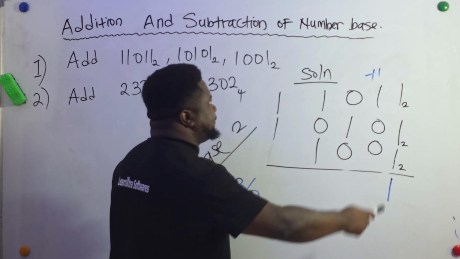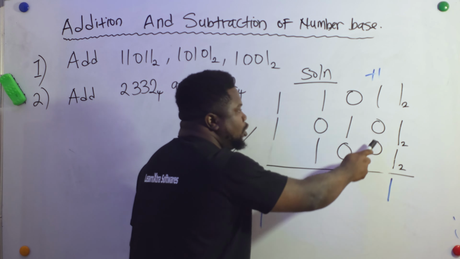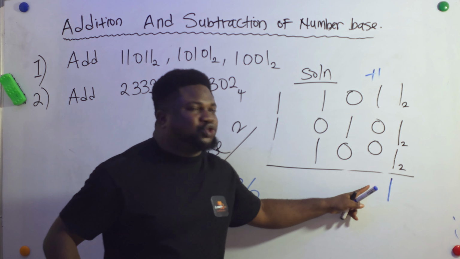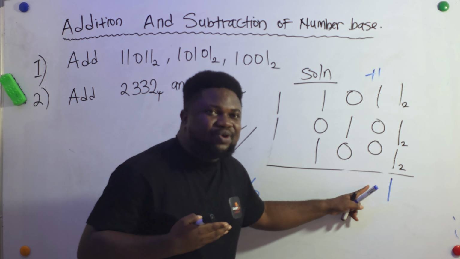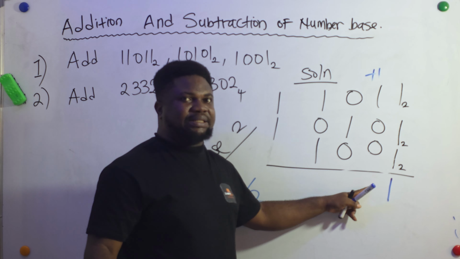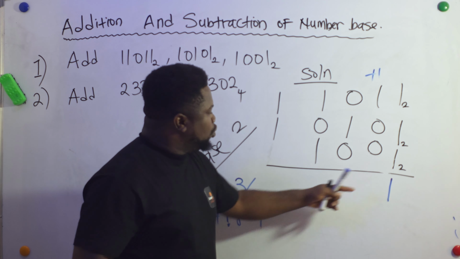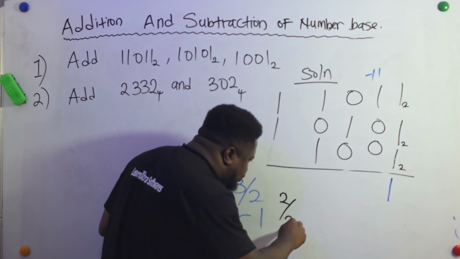So let's do this. If I add 1 plus 1, 2, plus 0, 2. Do I write 2 here? No. We can't write 2 down in base 2. We only write 0s and 1s. So therefore, what do we do? That 2 that we got, we divide it by what? 2.